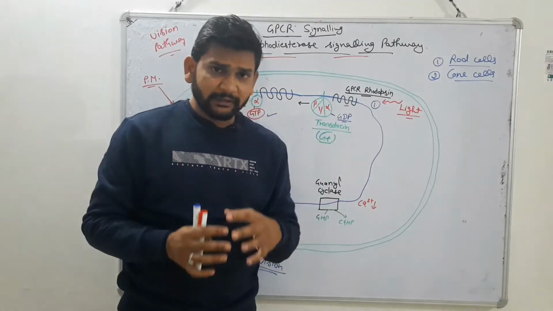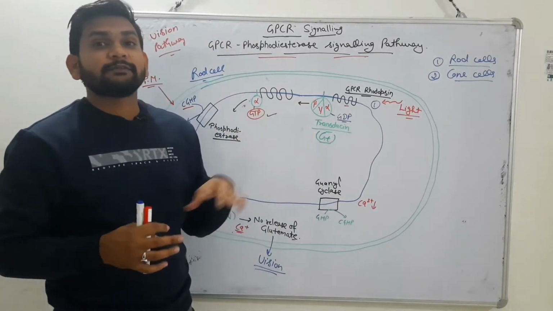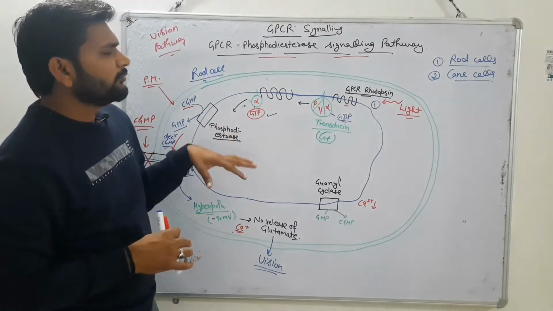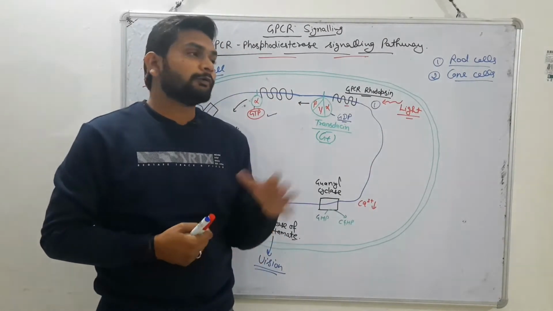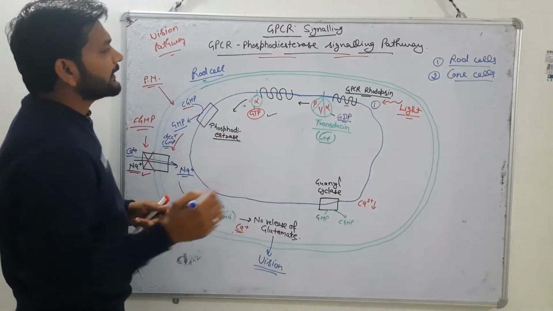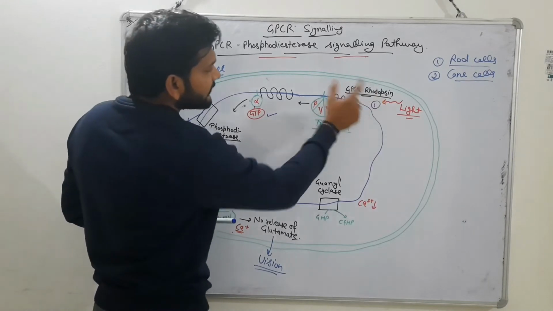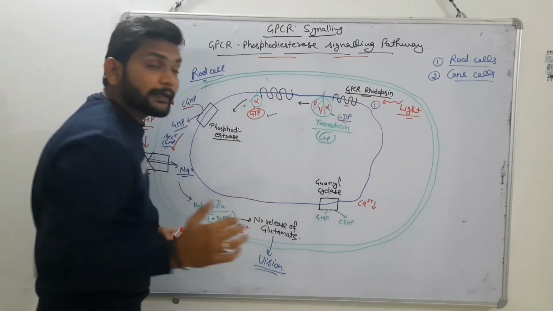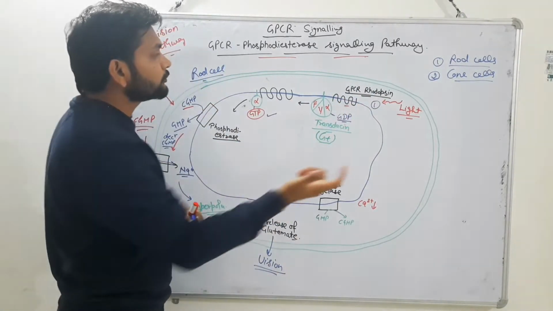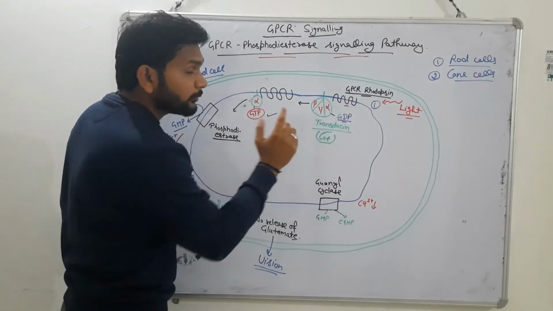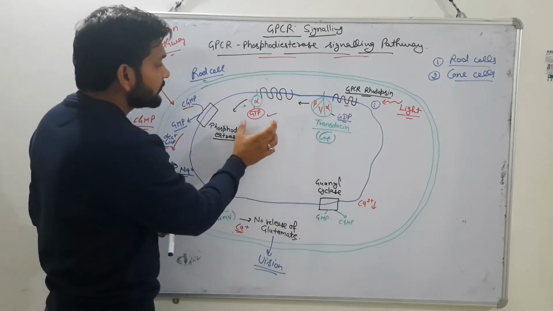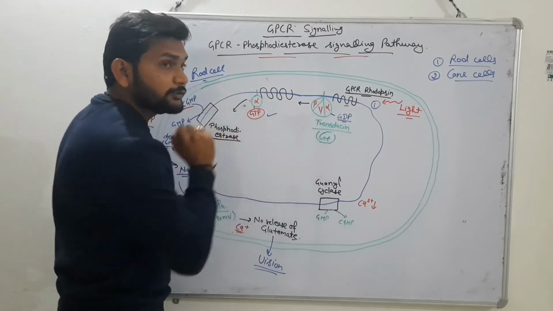But in the second case, when the light is not coming, in the dark situation, what will happen? In the dark there is no activation of rhodopsin protein, so no activation of transducin protein.